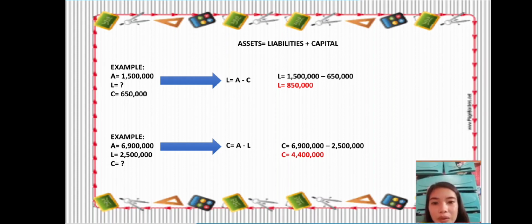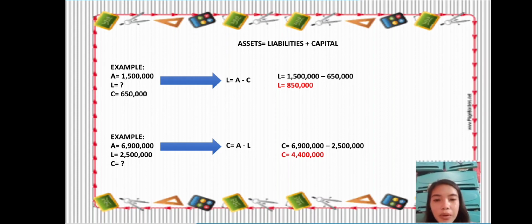That is the assets. And the capital here is 650,000. So assets minus capital is equal to liabilities, which is 1,500,000 minus 650,000 is equal to 850,000. That is the liabilities.